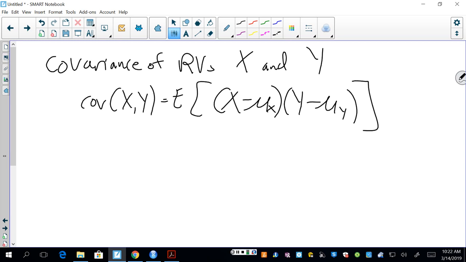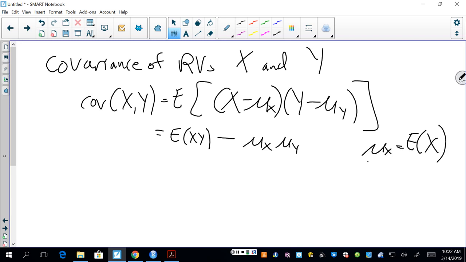For computational purposes, when we're doing integrals and stuff like that, it's equivalent to just finding the expectation of x times y minus the product of the two means. Where the mean of x is the expectation of just the x variable, and the mean of y is the expectation of just the y variable in there.